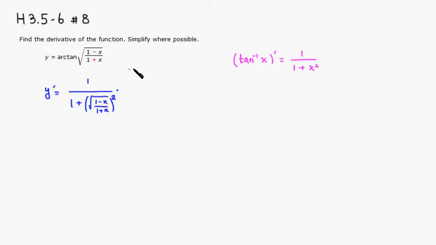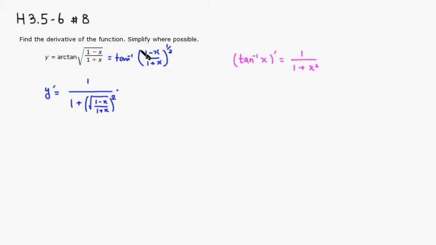Before we take the derivative, we can see that the inside is an arctangent of something that can be rewritten, with a big parenthesis, as (1 minus x over 1 plus x) raised to the 1/2 power.